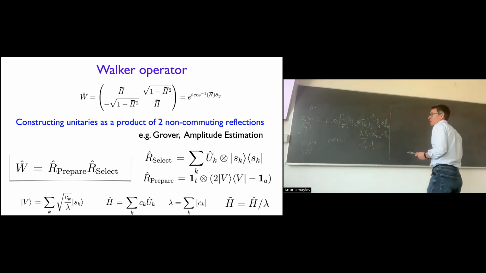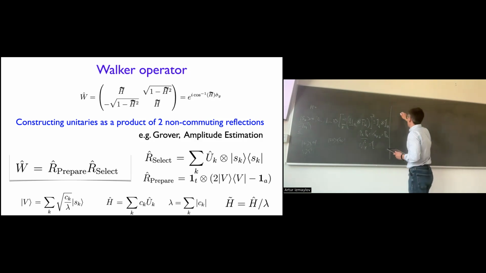So the states where this Walker operator will be a 2x2 matrix are the following. One state I'll call psi. That state, of course, will be a product of a state that is, let's say, an eigenstate, and let's just say it's the jth eigenstate of our Hamiltonian, right?